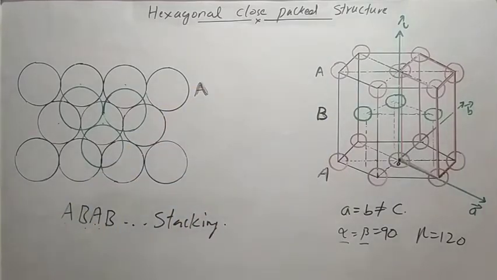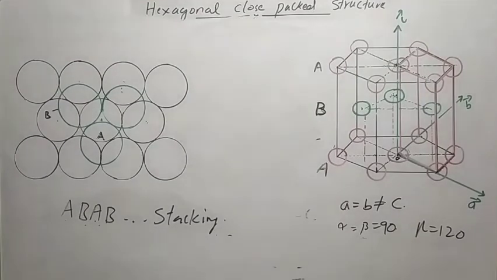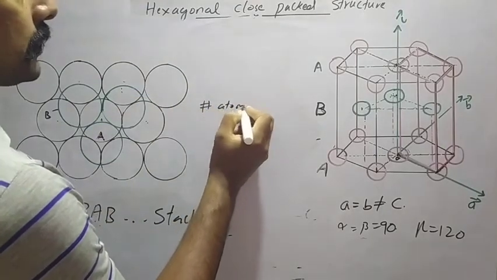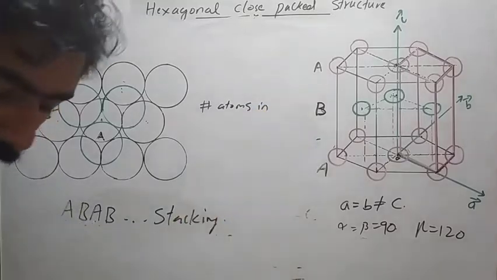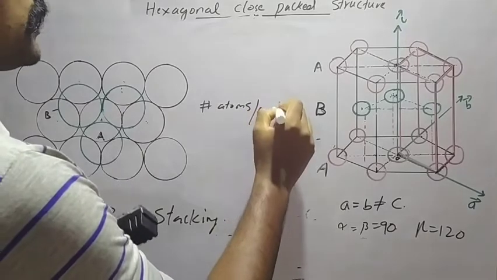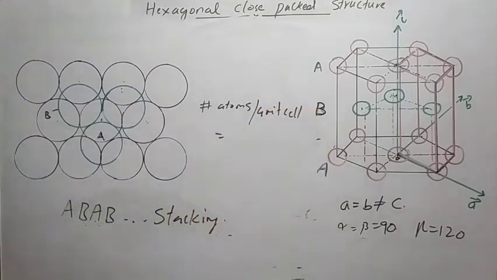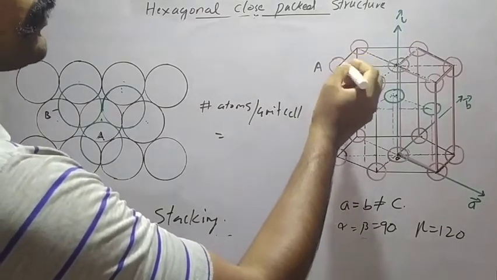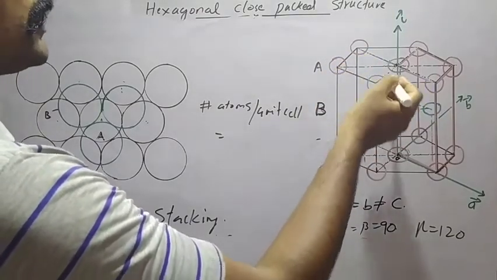Now let's examine the number of atoms as well as the coordination number. The number of atoms per unit cell: look at this figure, each atom at the corner of this hexagon is shared by 6 unit cells.